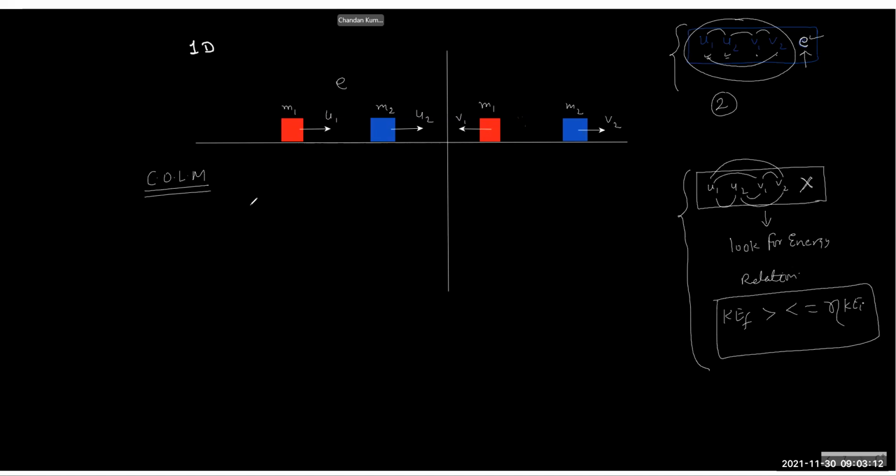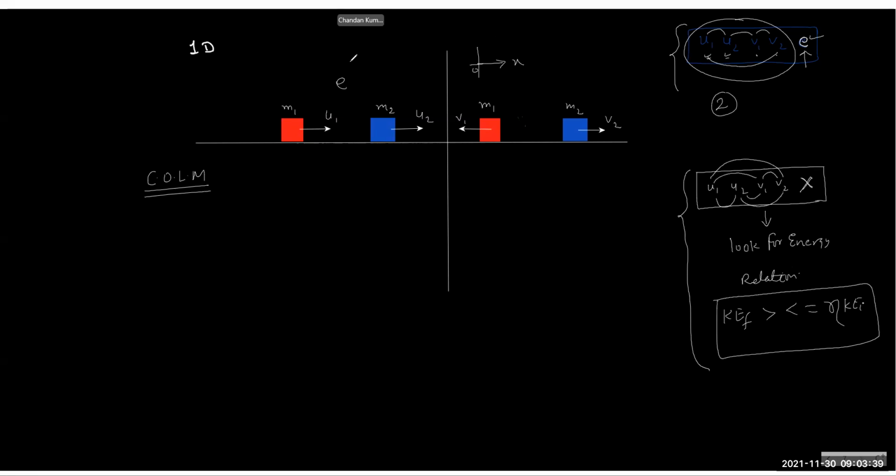Now, because it's one dimension, you can choose either direction as positive and the other as negative. So let's take the right as positive and the left as negative. And write the momentum as per the sign convention, because momentum is a vector quantity. You cannot just add the numerical values, because many times students feel that it's a number, so let's add them.